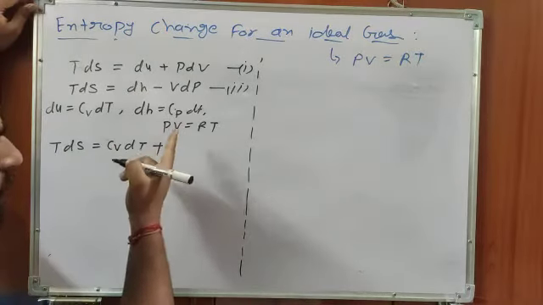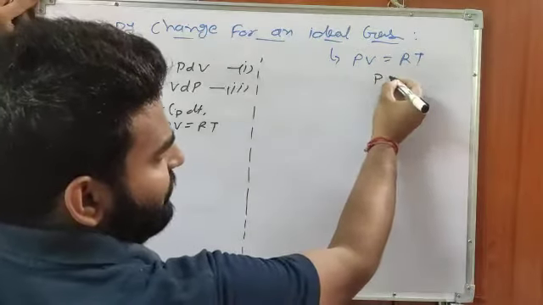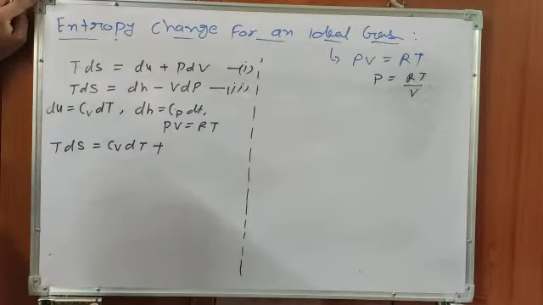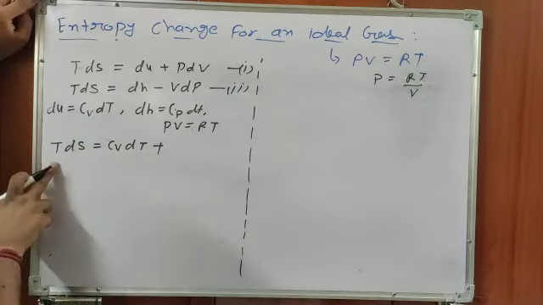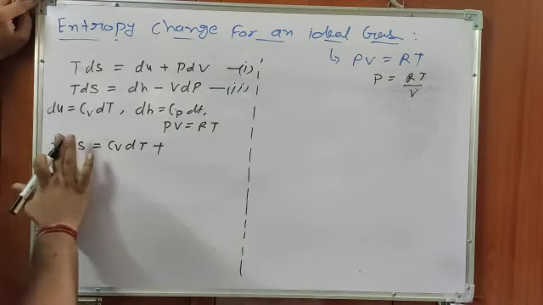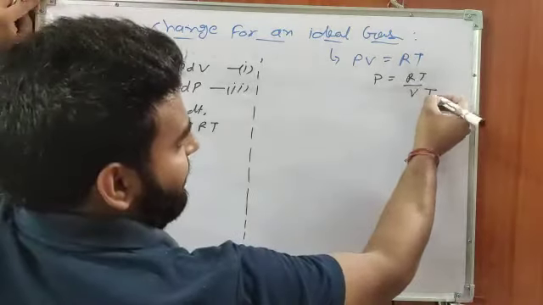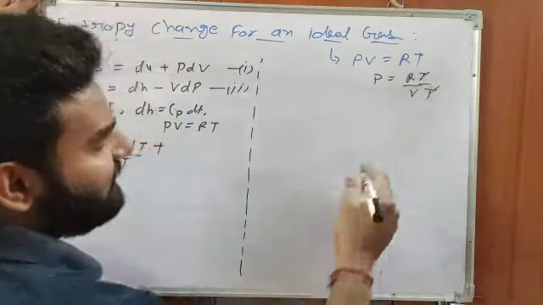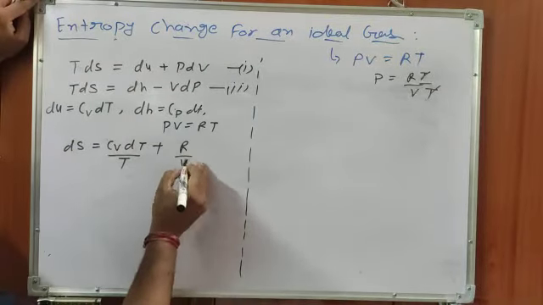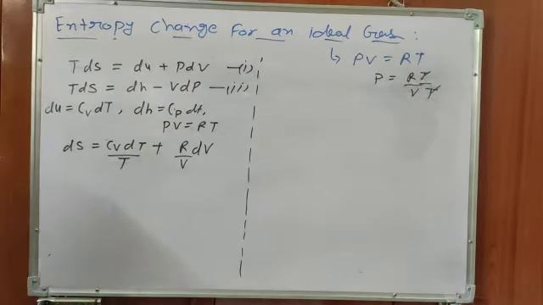From the ideal gas we can write P equals RT by V. Now if we take the temperature into the denominator on both sides, T is here and T here, so T cancels. What remains? R by V dV.